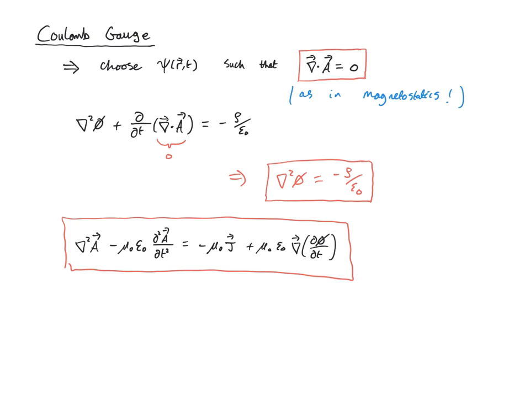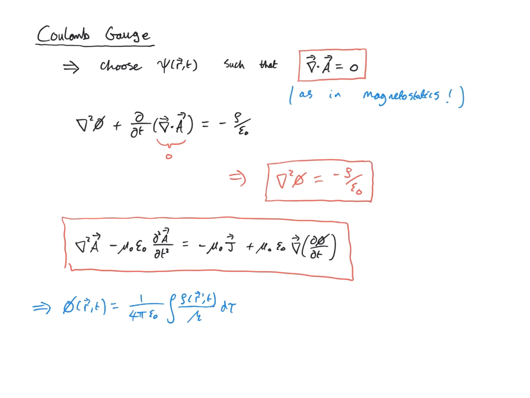So there's no free lunch here, because in the Coulomb gauge, whilst we get a simple Poisson equation for the scalar potential, the vector potential expression is still rather complicated. From the Poisson-like equation for the scalar potential, we can obtain this expression, which is rather like the usual Coulomb law, hence the name Coulomb gauge.